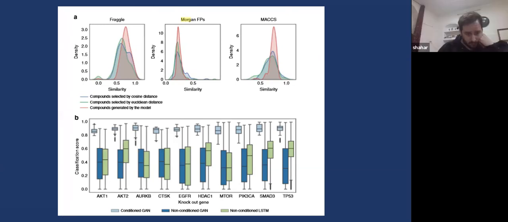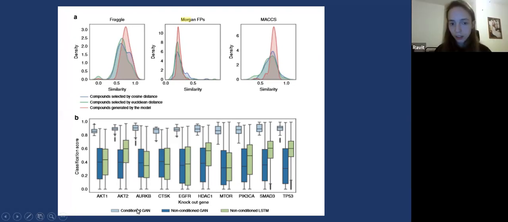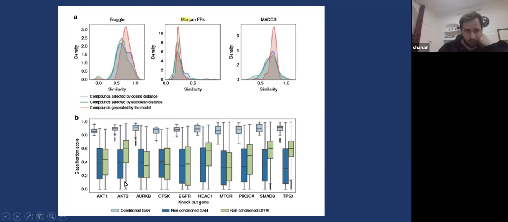They also compared this model to a non-conditioned GAN and a non-conditioned LSTM, and showed that the classification score for the conditioned GAN is much, much higher than the other two methods explored.